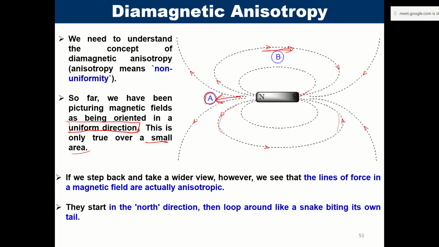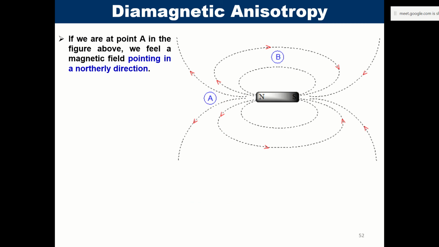So, as I told you already, if you are placing something at a point A, it will feel a force in this direction, whereas if you put it here, it will feel a force in this direction.